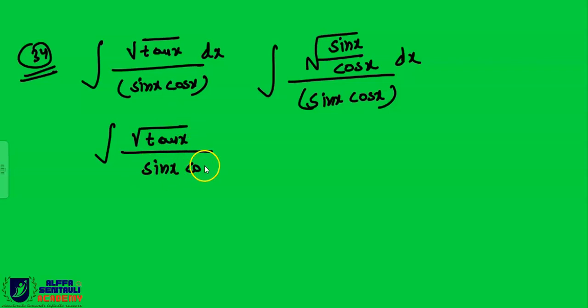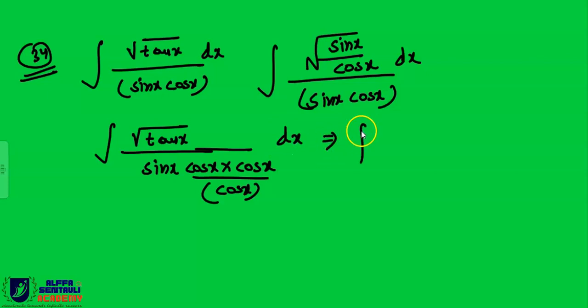So this cos x is there, so multiply by cos x and divide by cos x. Why am I doing this? Because if I assume this tan x as t, then the differentiation of tan x is sec square x. So we are trying to make this thing in terms of sec square x, so that the common term gets cancelled out. So what will you get, beta?